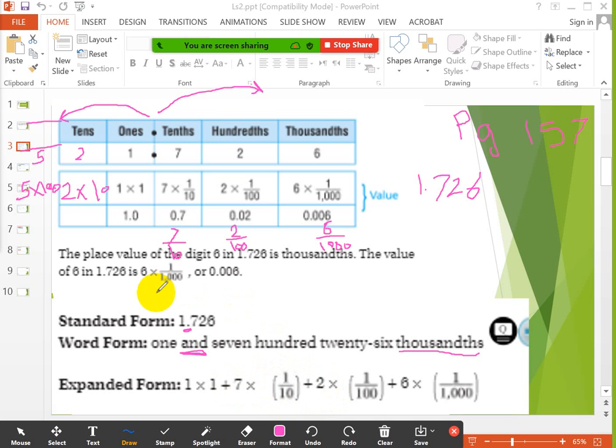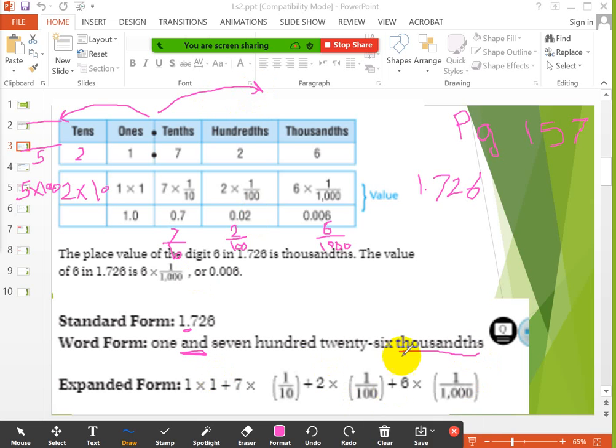Now let's continue. 2 in the hundredths. The value of the number in the hundredths digit is the number multiply 1 over 100.